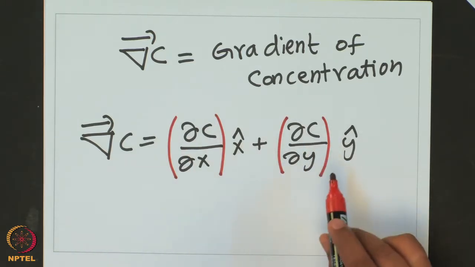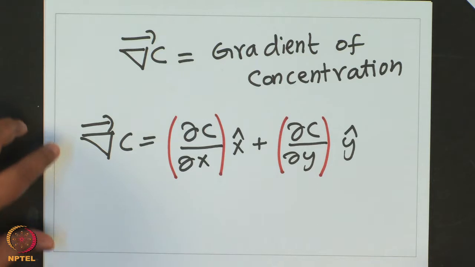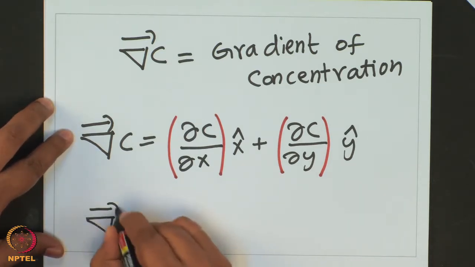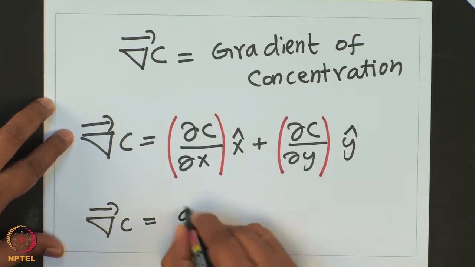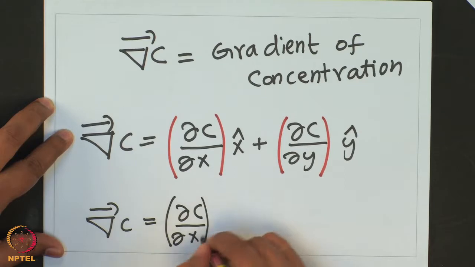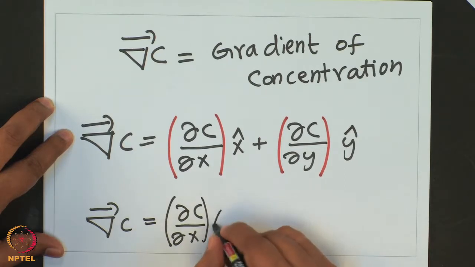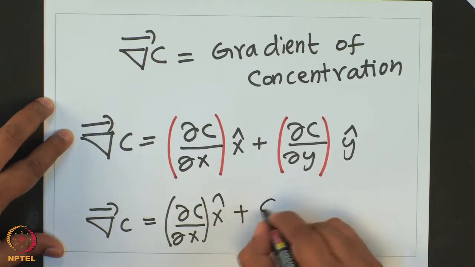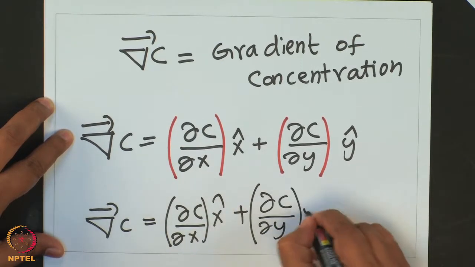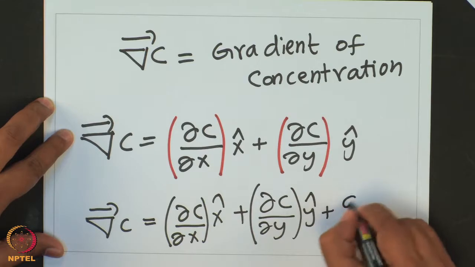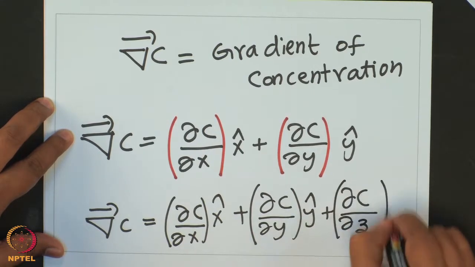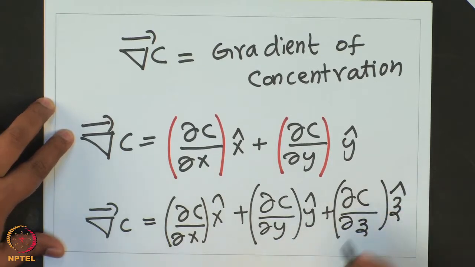Similarly, we could have the gradient in three dimensions, since in reality everything is in three dimensions. Del C in three dimensions is del C by del x along x cap plus del C by del y along y cap plus del C by del z along z cap.